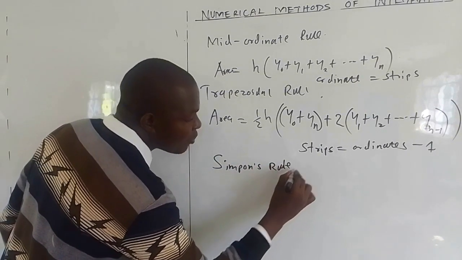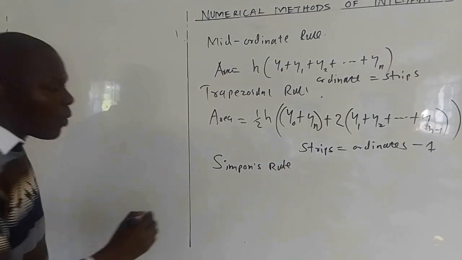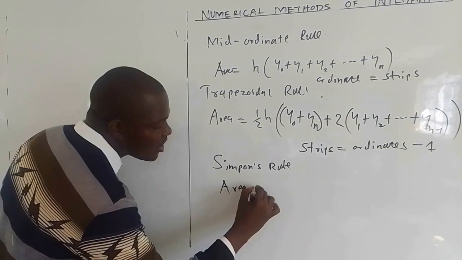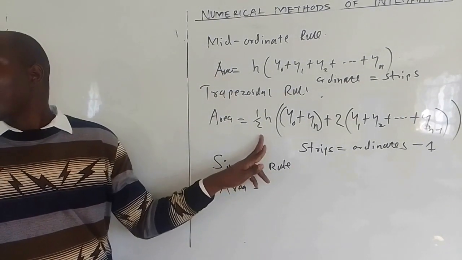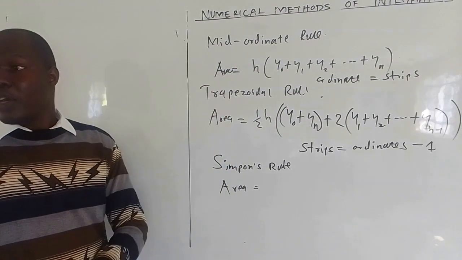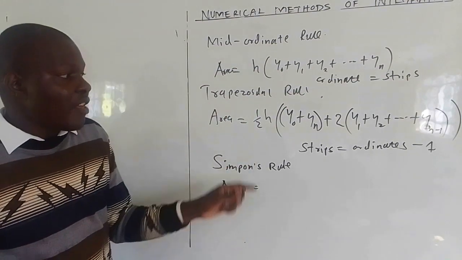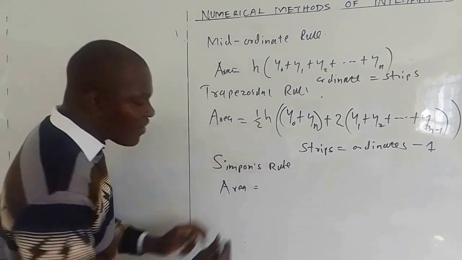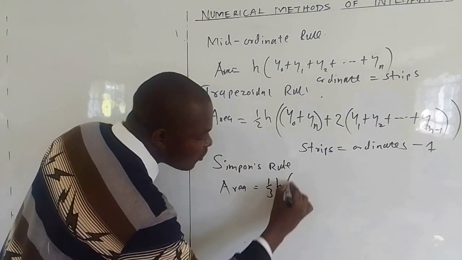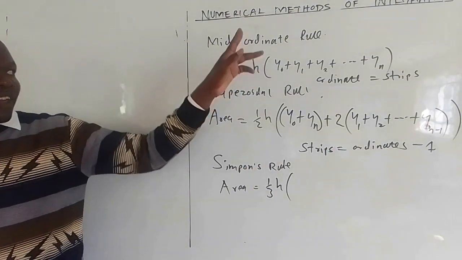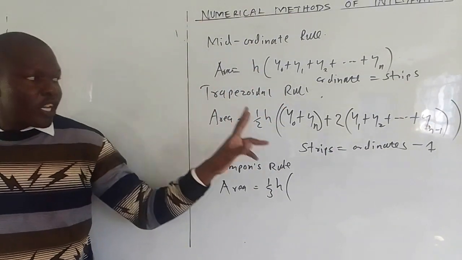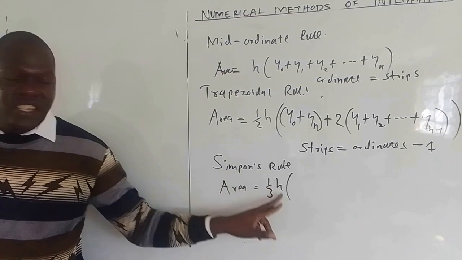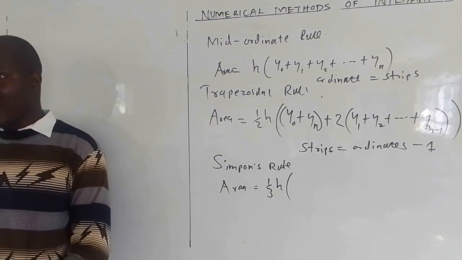Good. Then if you now go to Simpson's rule, which is approximated with 3 ordinates tied together, when you get the area using Simpson's rule, it's just a case of trapezoidal, but now it is using 3 ordinates at the same time. If trapezoidal started with a half H, then this one is now a third H. Are we together?